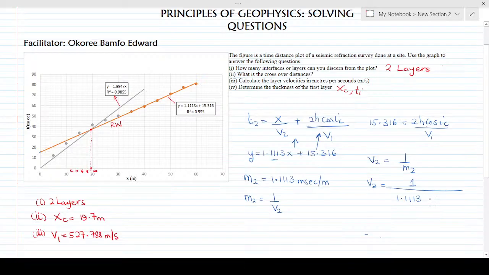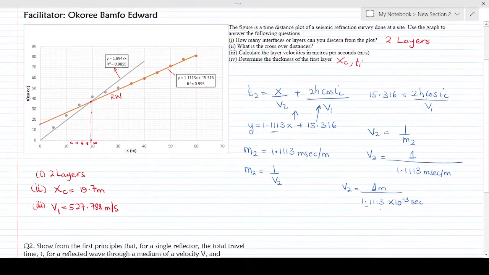And so I can see that V2 is equal to 1 over M, which is 1.1113 millisecond per meter. So the meter will go up, so I can say V2 is equal to 1 meter over 1.1113 by 10 to the power negative 3 second, right? Now let me calm down a little bit.